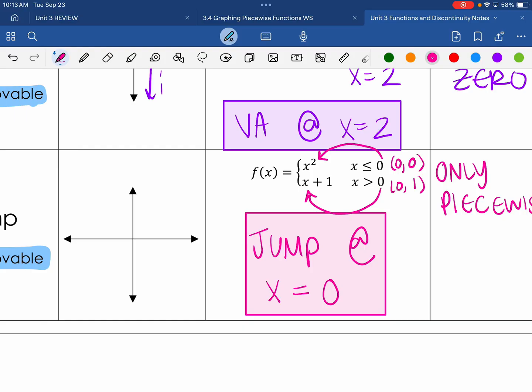We kind of graphed these already yesterday, but this endpoint here is going to be at 0, 0, and that graph looks like a quadratic. And then we have another one here at 0, 1. That one looks like a linear. So you can tell right there at 0, your function breaks apart and it would jump.